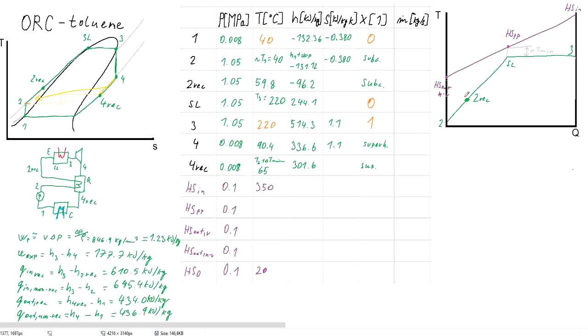So actually what happens is that the recuperated case heat input is smaller, and we just don't cool our heat source to that low temperature. So the recuperated case heat source outlet would be over here.